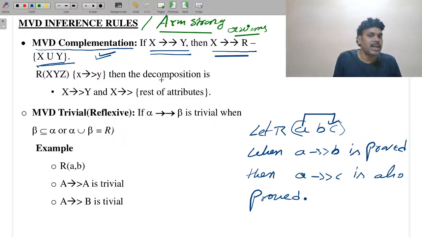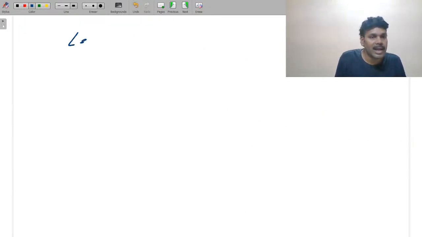What is R minus X union Y? R is here nothing but ABC. X union Y is nothing but AB. Then it automatically implies the others. Let me give one example here. Let R be ABCD.